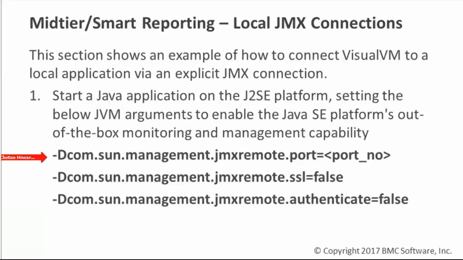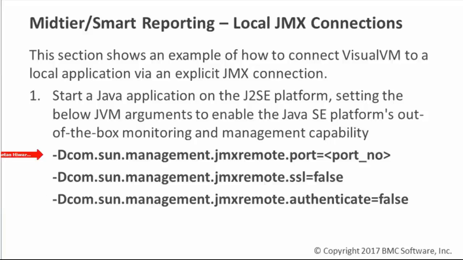The first argument is the port number which can be used for the connection, and the other 2 are SSL, which stands for secure socket layer, and authentication. By default we keep the second and third properties as false, but if we need any kind of security feature there, we can make them true.